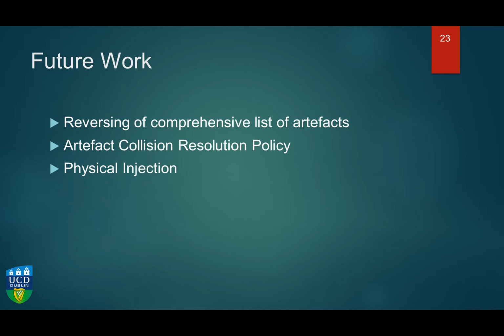Artifact collision resolution. If you do have multiple packages, especially with the timeline stuff, you have to come up with a policy for what you want to happen when there's a collision. If you think about any particular artifact on a disk, over time some of them will stay the same, but a lot of them will change and update.